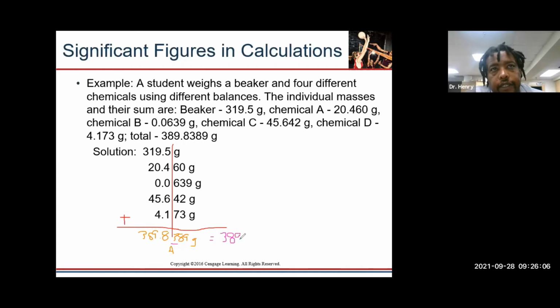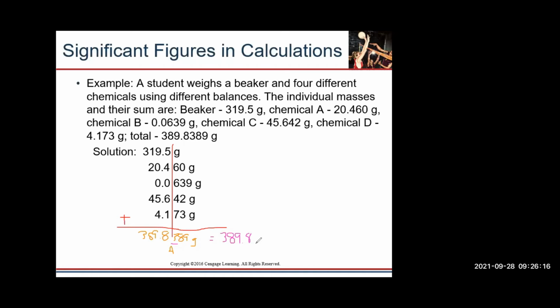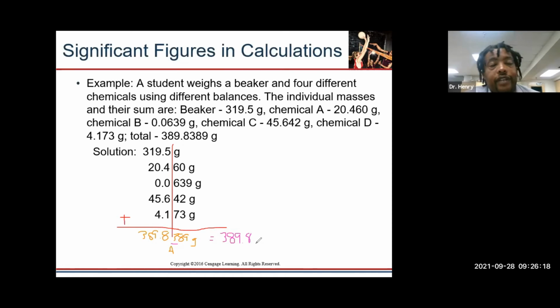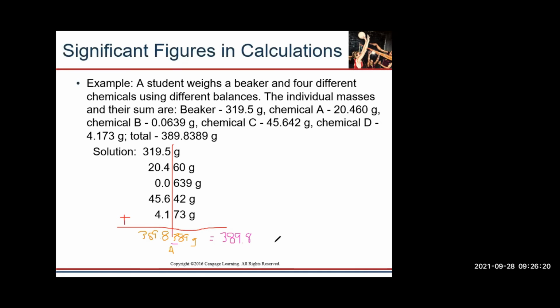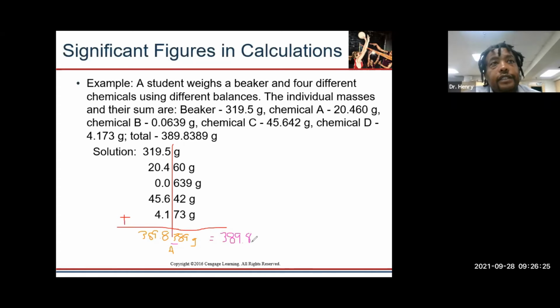Okay, so then my answer is going to be 389 point, you said leave it alone. Is there anything following that 8? You would put 3 zeros, right? No, if I put 3 zeros, that means that I have significance. Those numbers become significant. We're saying that we're only going up to that 8, so that's where significance ends. So we would just leave it as 389.8.